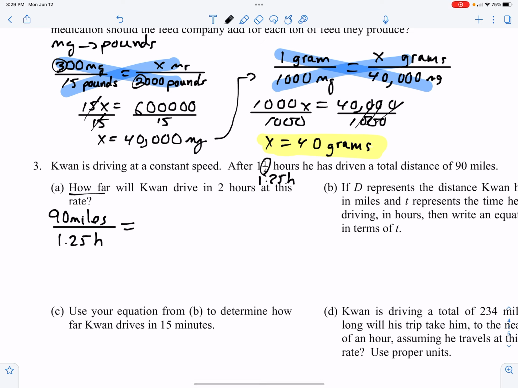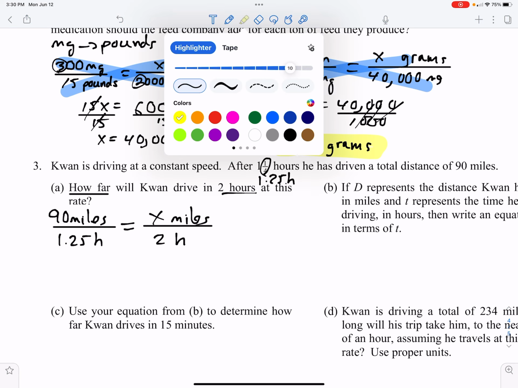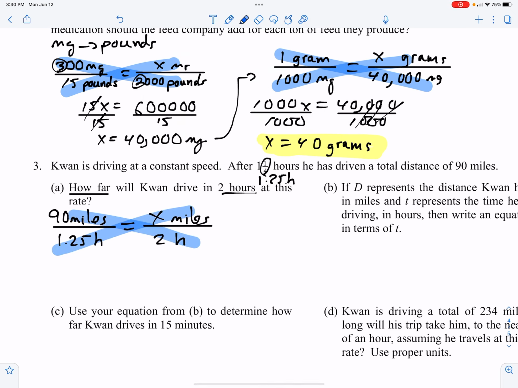Okay, and so we want to know how far, X number of miles, he is going to be in 2 hours. H is the abbreviation for hours, by the way. So again, we're going to cross multiply, and we will get 1.25 times X equals 2 times 90, which is 180.